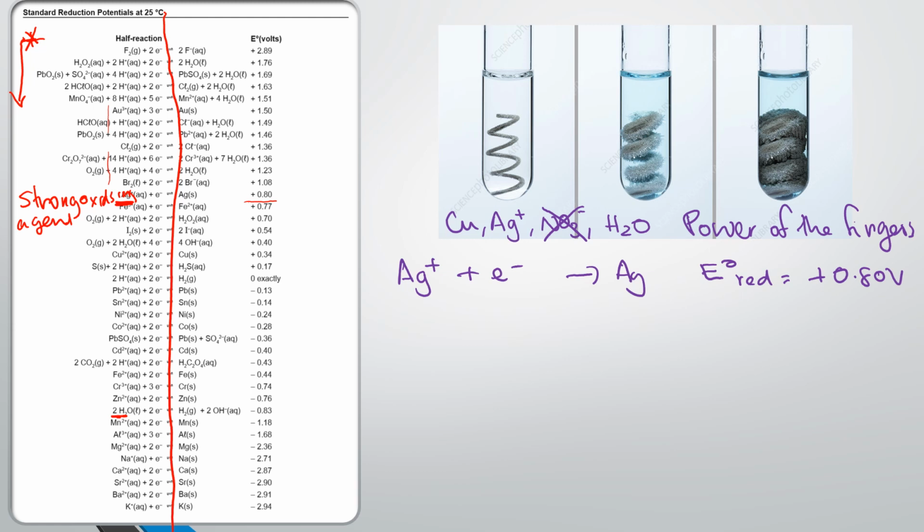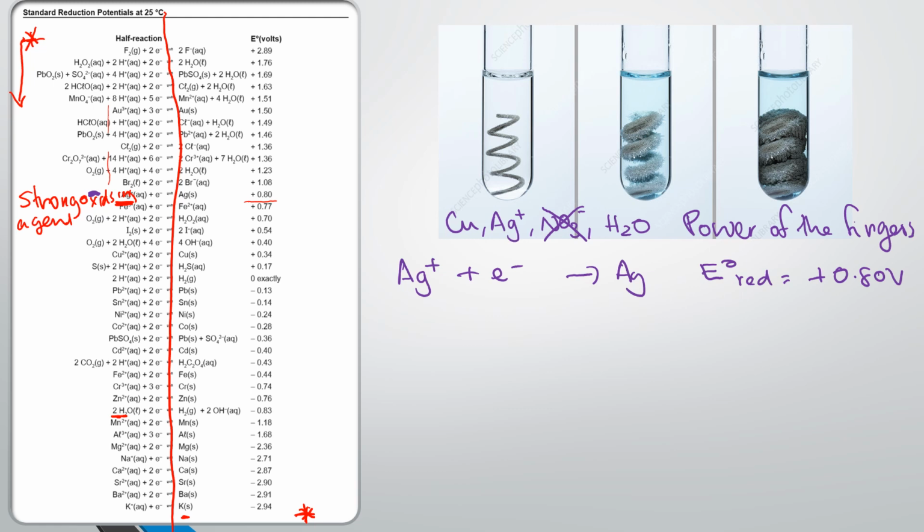Now, we've left our finger on that half reaction, just here. Now what we're going to do is find the half reaction for oxidation. So using the power of your right hand finger now, you are starting at the bottom. We always start at the strongest reducing agent, which is potassium.